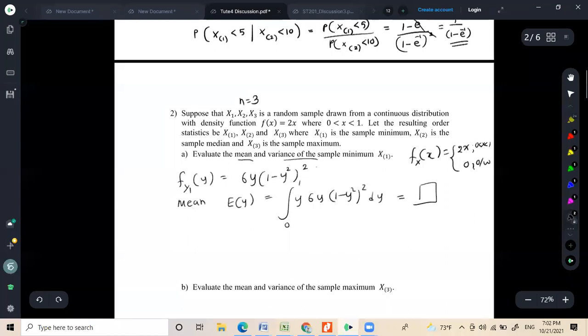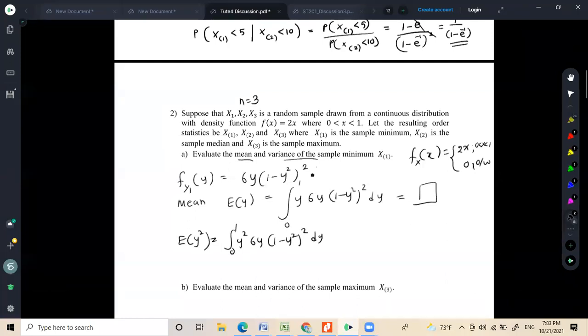In order to find the variance, first find the second moment, E of Y squared. You integrate y squared times 6y(1 minus y) squared. We did this in the exam paper discussion, so you have it. If you do the second moment, you can find some number here.